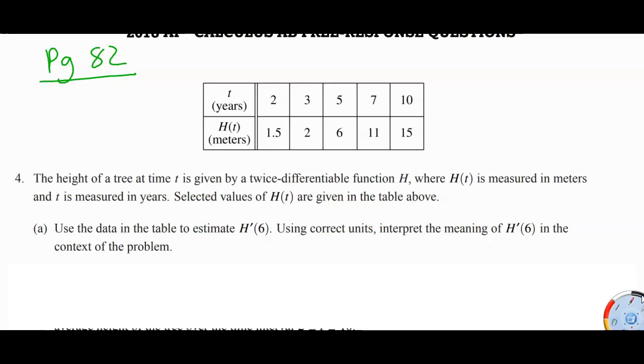Okay, so this is an instantaneous rate of change, and we are estimating it, which means that we're going to be using the average rate of change to estimate the instantaneous rate of change.